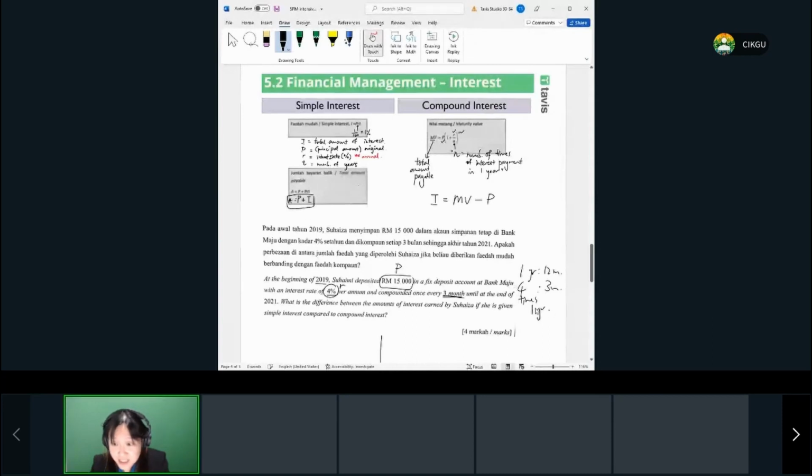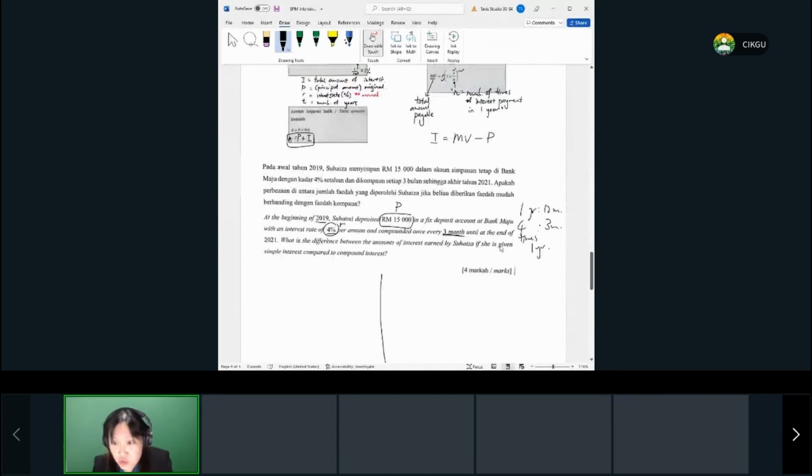So that means for this case, if you compound every 3 months, your value of N, the number of times that you get the interest, N equals 4, because you will get the interest 4 times in a year. So let me write down: N is 4, P is 15,000. What else? Until the end of 2021.